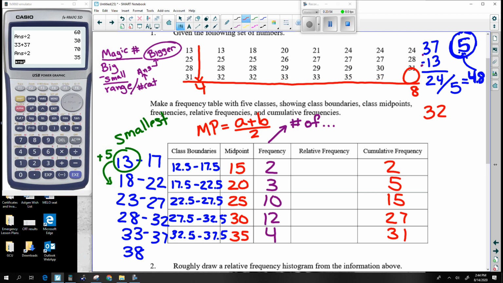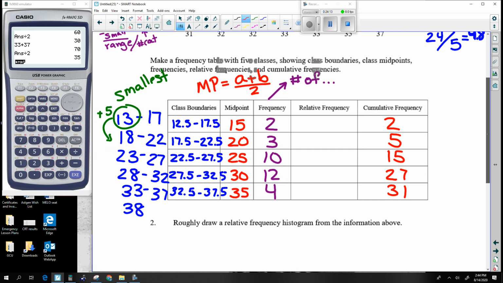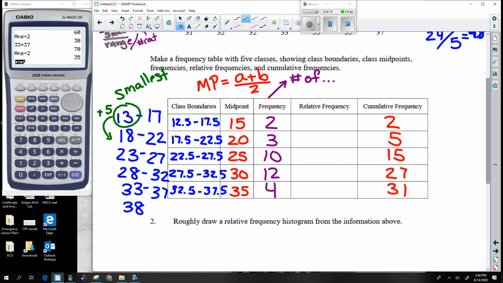But notice how you're missing one number. So that is 31 numbers. It's a quick check that you probably want to do as you go along, because if those numbers are different, then everything is going to be wrong. So you literally just add the frequencies up to that point. The number is 31. There's 31 total numbers in our list.